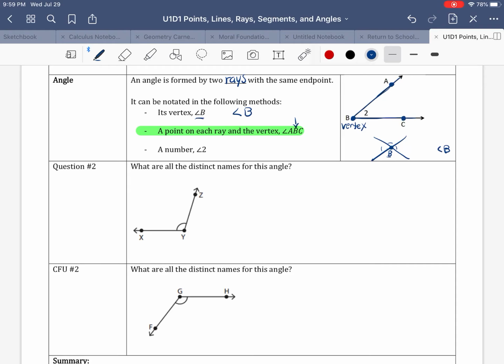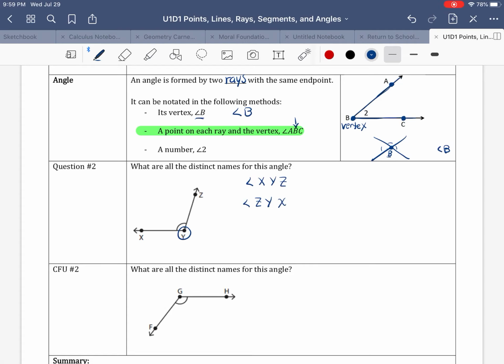All right, so here we're going to take a look at our second question. What are all the distinct names for this angle? So we're always using this little symbol, the angle symbol. We know that y is our vertex, and it's always going to go in the center. And then we can go x, y, z. You can also use z first, but y is still in the center.